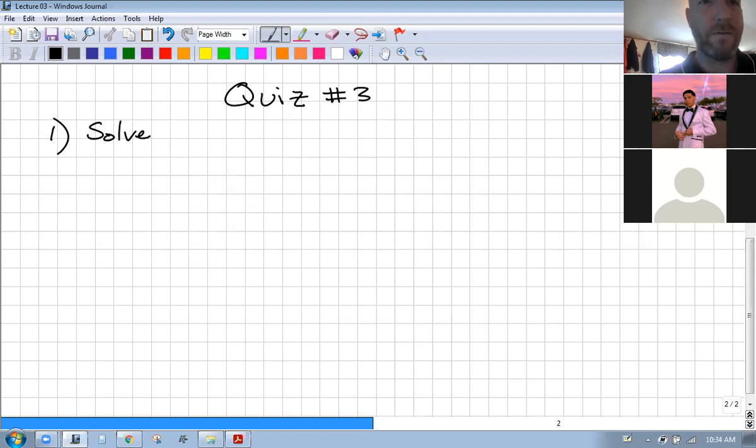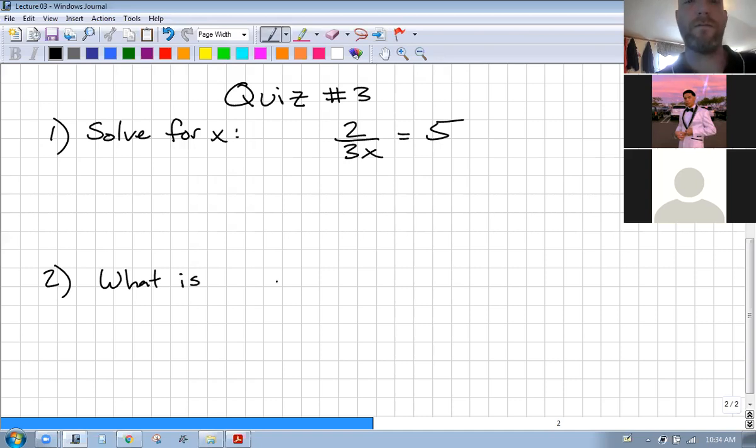Do another solve for x. 2 over 3x equals 5. Number 2. What is 17% of 200?